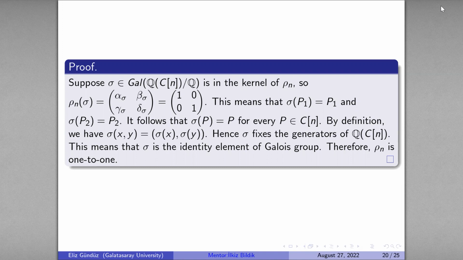So sigma fixes our basis elements, right? So it fixes all the elements of Cn. And by definition, we have sigma of (x, y) equals (sigma x, sigma y). Hence, sigma fixes the generators of the field. This means that sigma is the identity element of the Galois group, which proves that the kernel of rho n consists only of the identity element. Therefore, rho n is one-to-one.